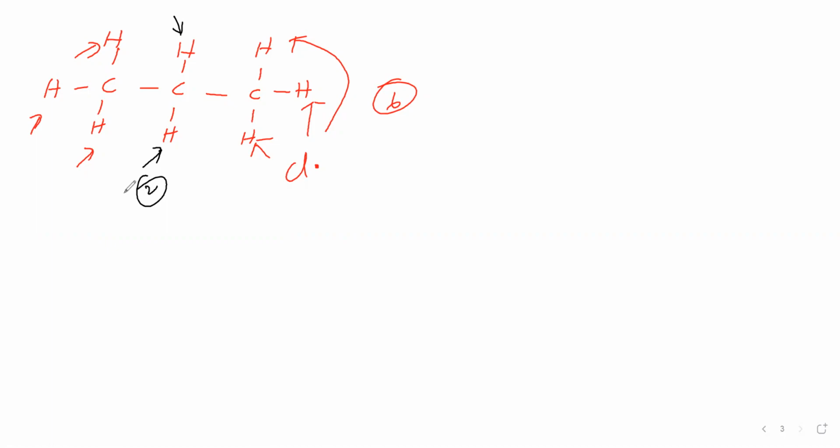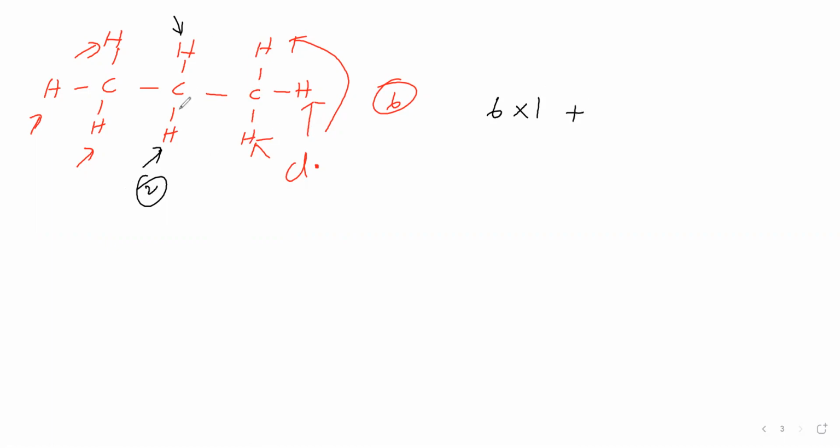Therefore, we have to consider the number of primary hydrogens available and the number of secondary hydrogens available in order to say the yield. So the number of primary hydrogens available is 6, and the rate of primary hydrogen from the ratio is 1.